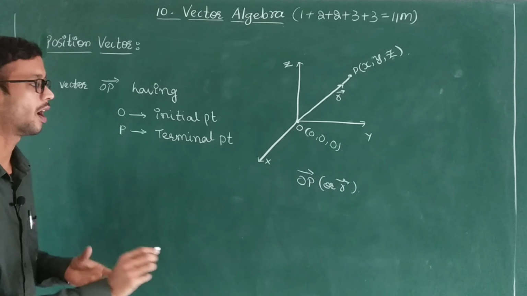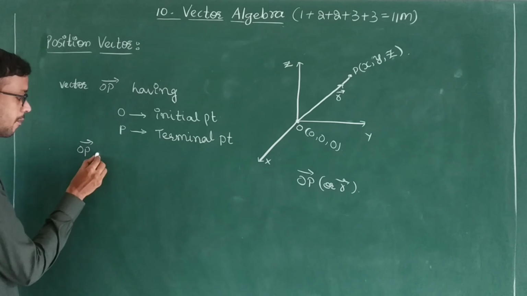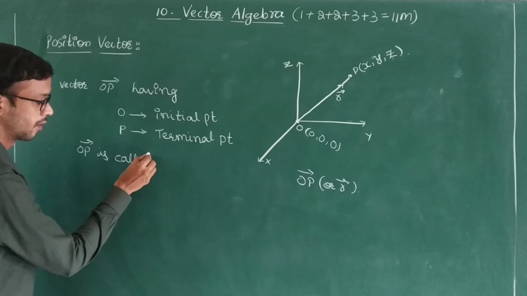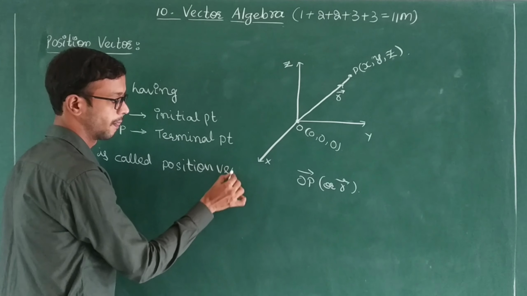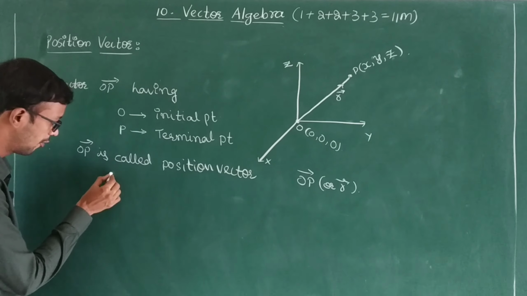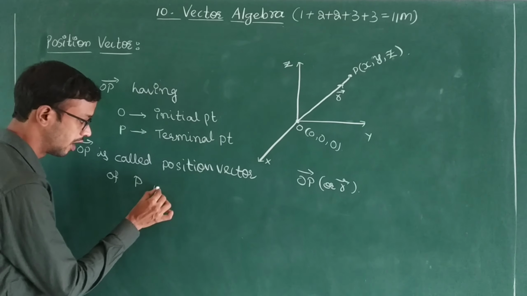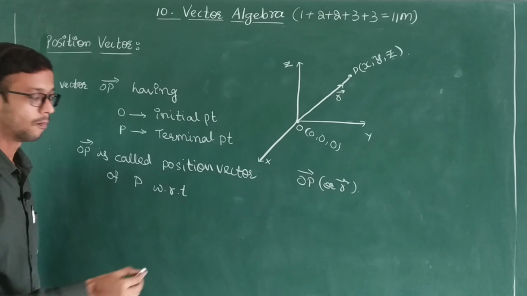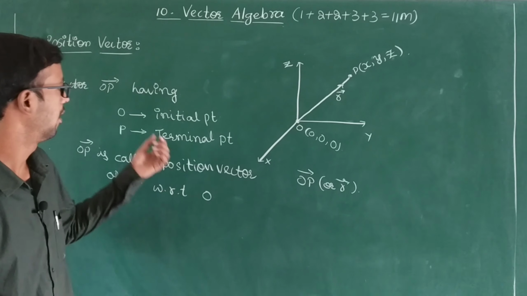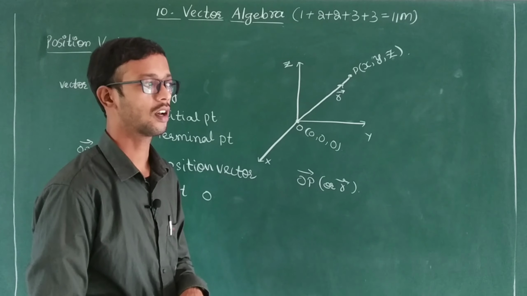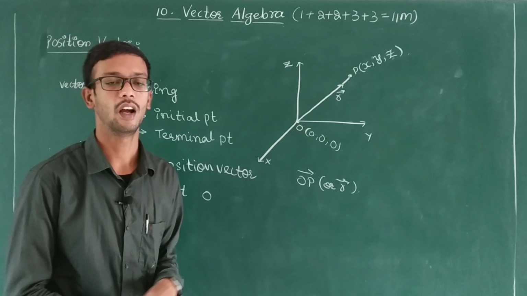Then this OP bar is called the position vector of point P with respect to point O, and will be denoted with R bar.